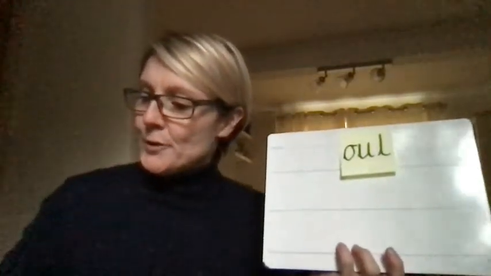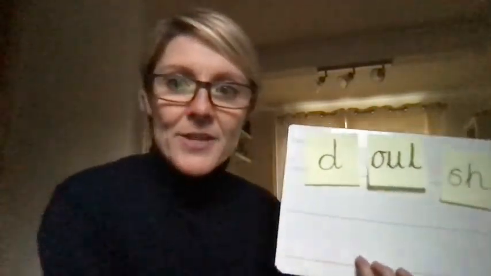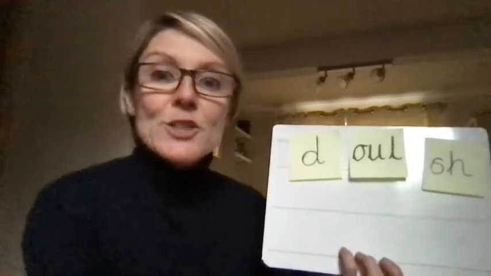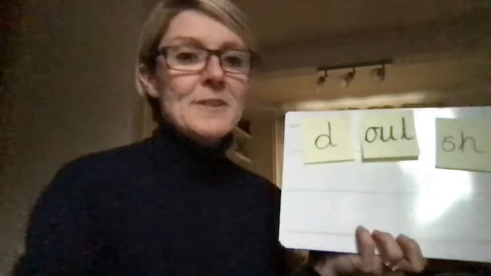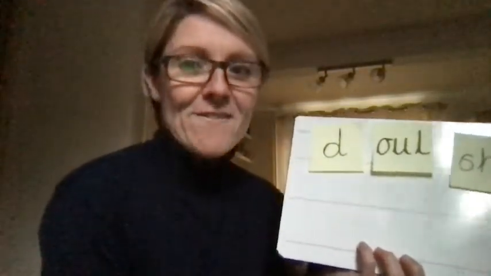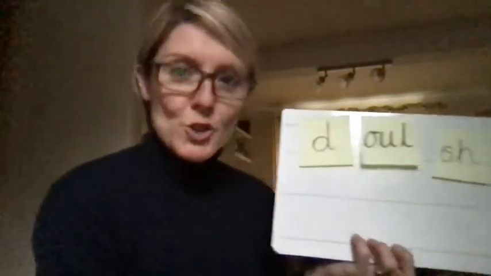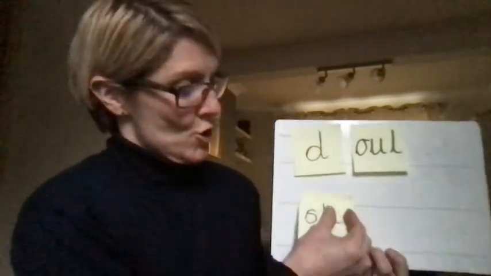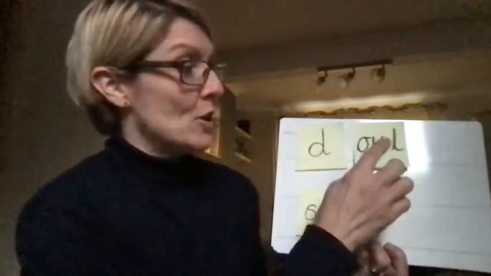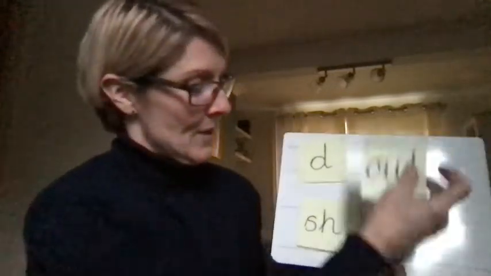Okay, so these are the sounds or the spellings that we need to make the word should. So I should do a little bit of reading every day. Should. So we need the sh, and then the oo, and then the d.